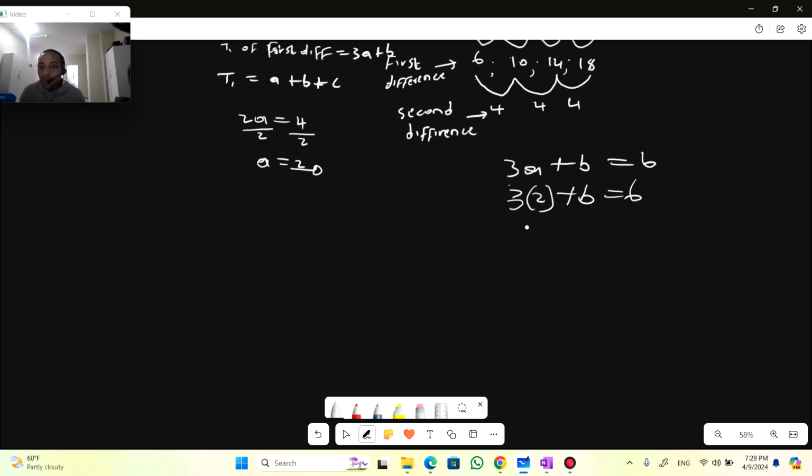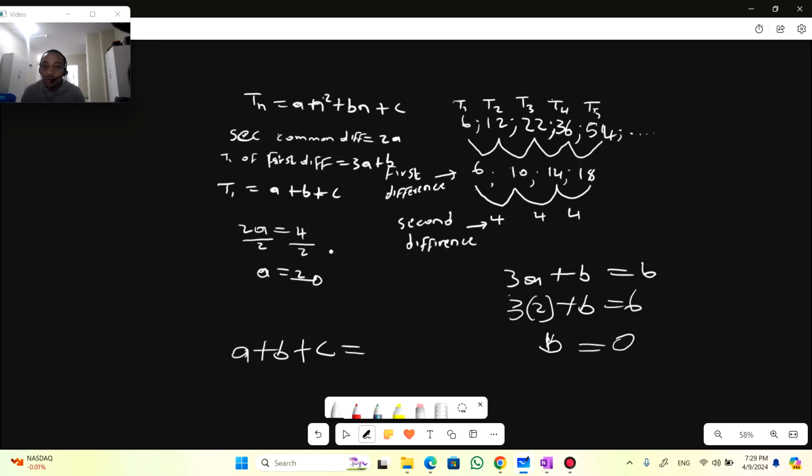So there you have 6, and then you take this 6 to that side. So your B is going to be 6 minus 6, so it's 0. Right, now your value of B is 0. And then you go there. Your T1 is equal to A plus B plus C. So A plus B plus C is equal to, what was the first term of your original sequence?